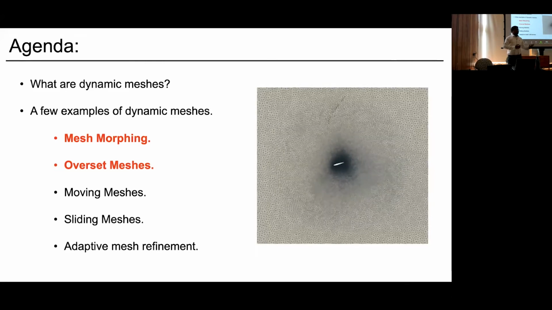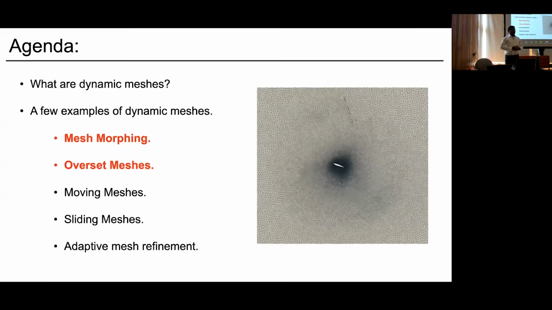I'll first give you a brief introduction on what these dynamic meshes are, and I will go through the problems sequentially in these capabilities that OpenFOAM currently has. One is mesh morphing, overset meshes, rigid body motion of the complete mesh, then sliding meshes, and a brief intro about adaptive mesh refinement.